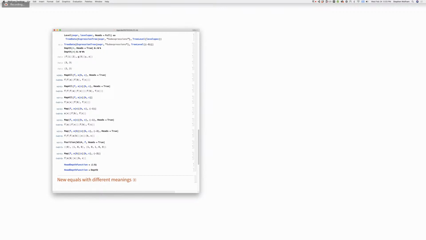Or is it always 0? Look, what gets you to level -1 without, okay, in this case here, let's see, this is level, boy, this is confusing. Okay, that's level 1 in there. Now I say Heads goes to True.